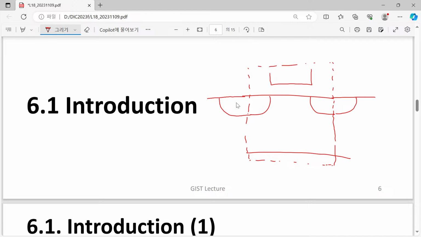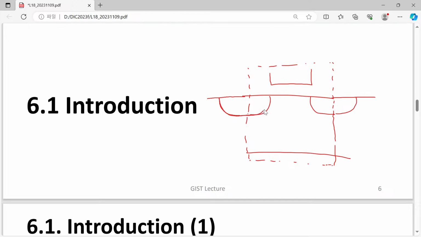But in reality, it has another end of this diffusion region.